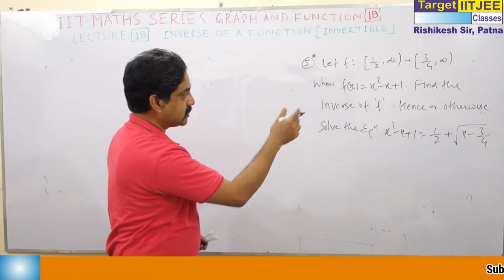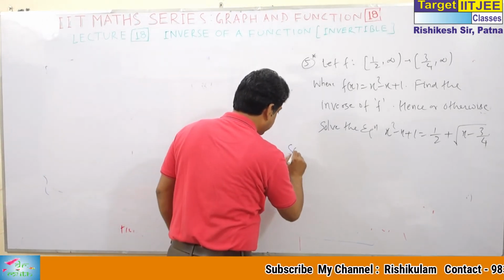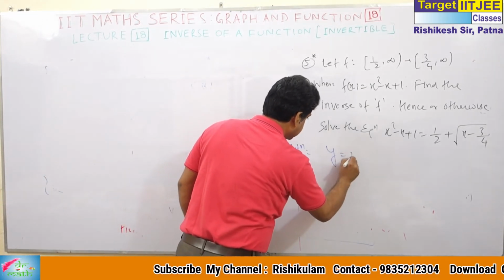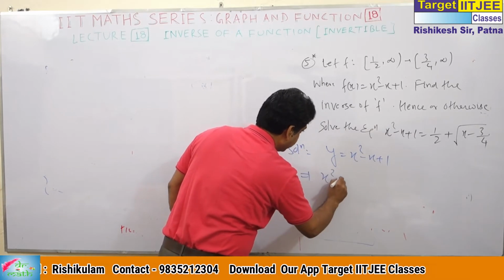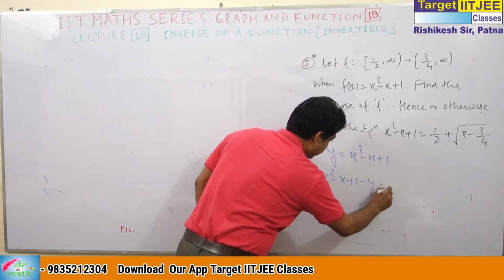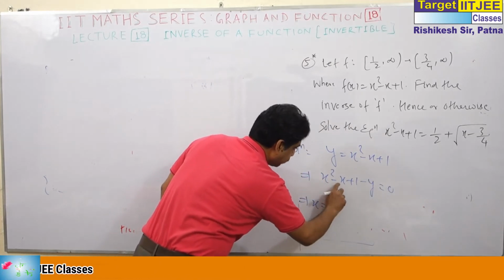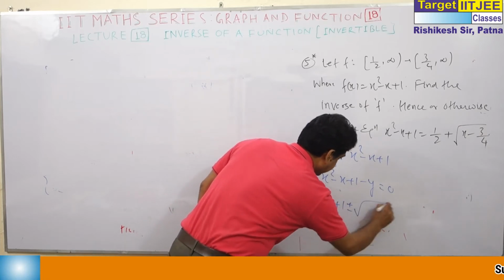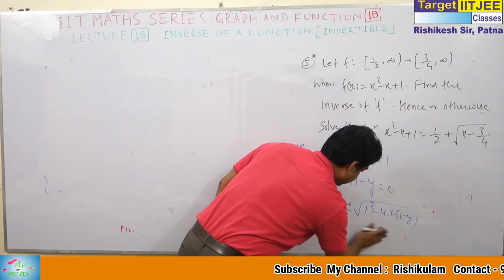Now, first of all, let us find the inverse. How do we find the inverse? Let y equal this. Change x in terms of y. For this, I will transfer to this. Minus b means plus 1, plus or minus the square root of 1 square minus 4 into (1 minus y).